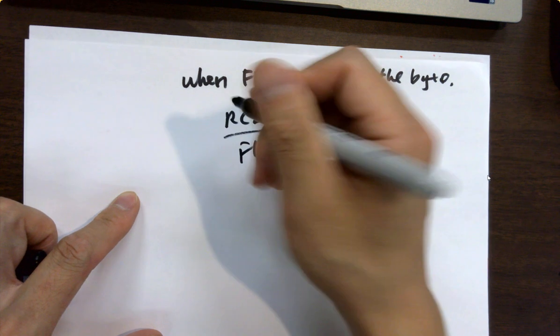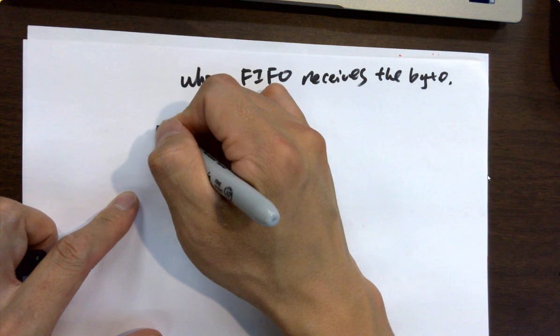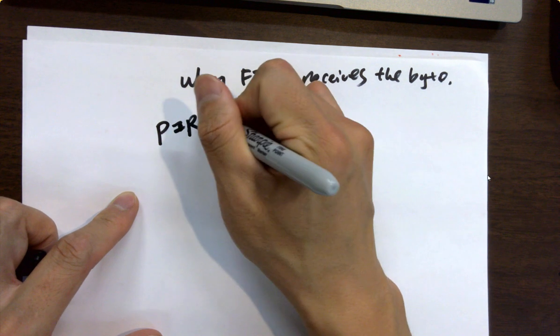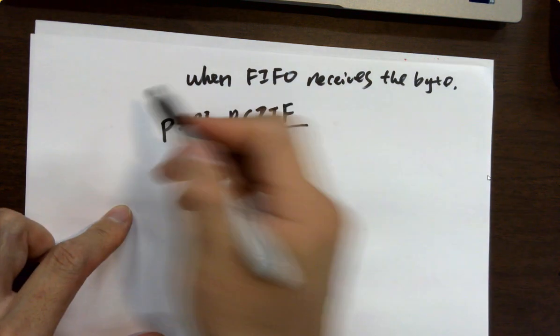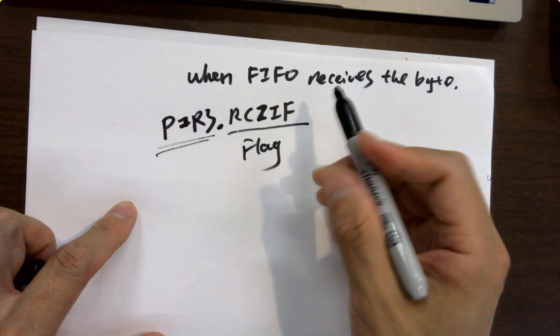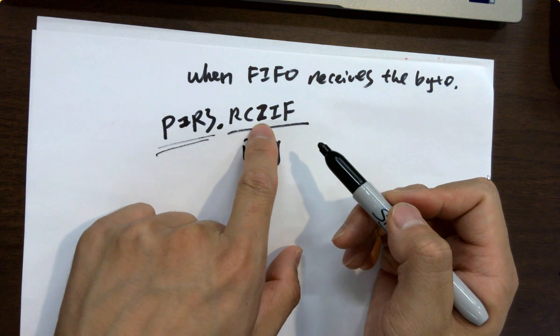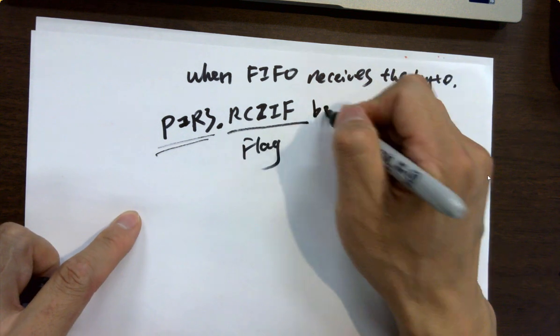It's within the PIR. R is just register, and PIR3 is a register. Anyway, it's okay. That's a register, and that's a field. It's just 1 bit. So this will be on. So it becomes 1.